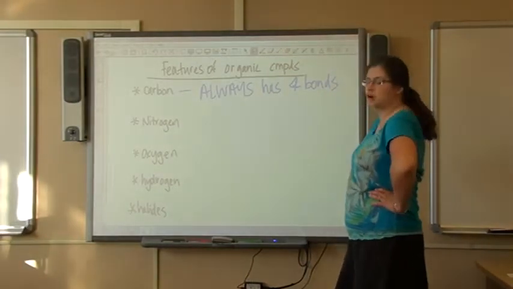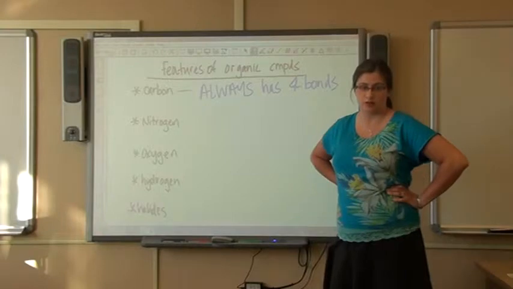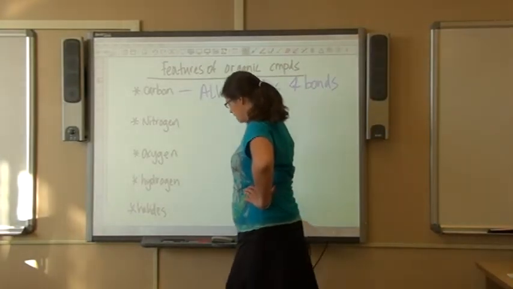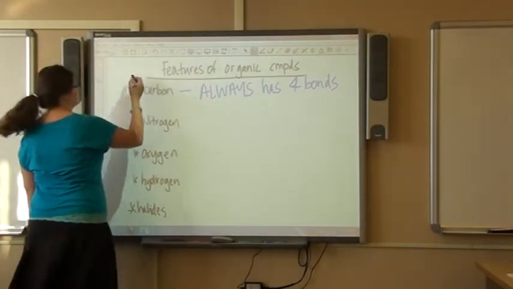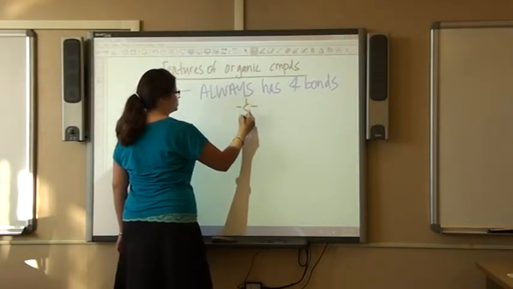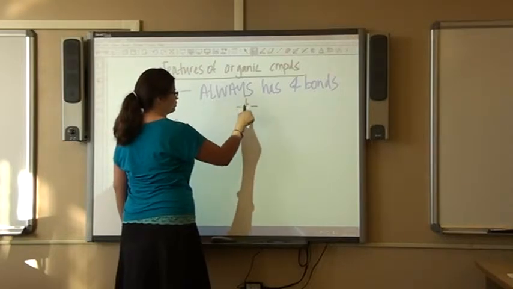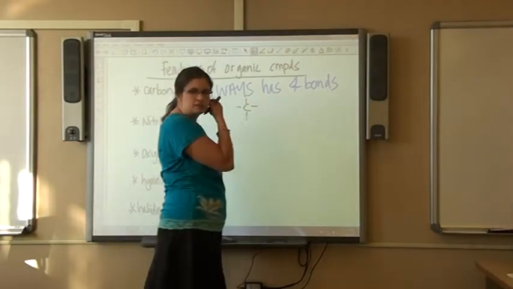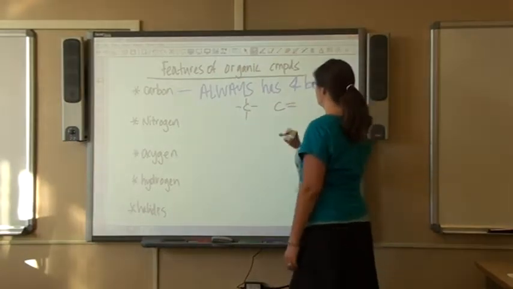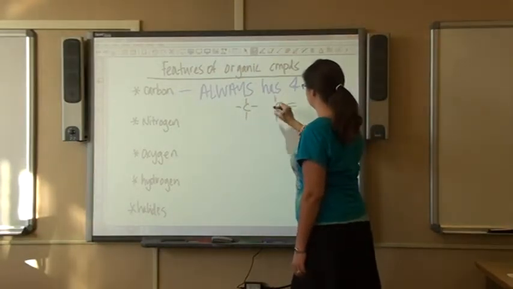Okay, so all of the carbons always have to have 4 bonds. Now, sometimes these 4 bonds are 4 different bonds, in the case of what we've been looking at so far, where you have carbon with 4 bonds around it, and sometimes these are multiple bonds. So you'll have a carbon that has a double bond, and then 2 single bonds.